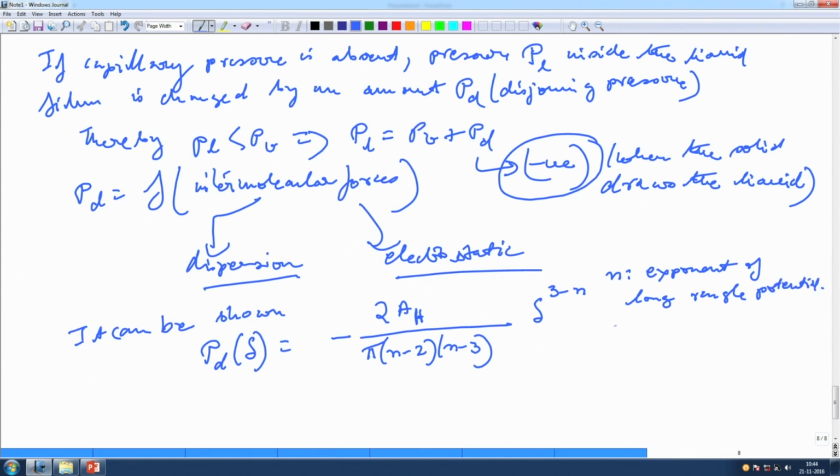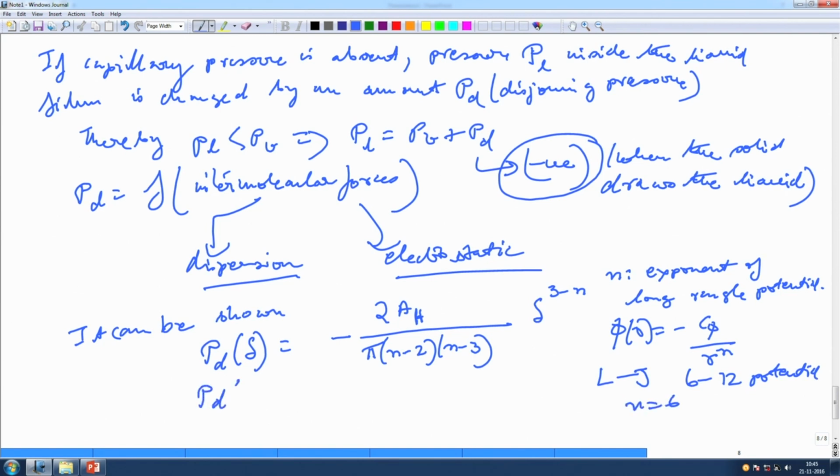So, that potential can be something like this. That is the long range potential. This long range interaction potential can be represented essentially by the Lennard-Jones 6-12 potential, where your n becomes equal to 6.